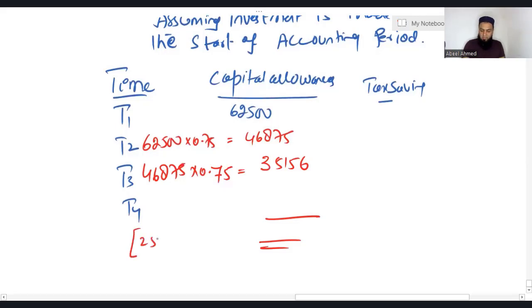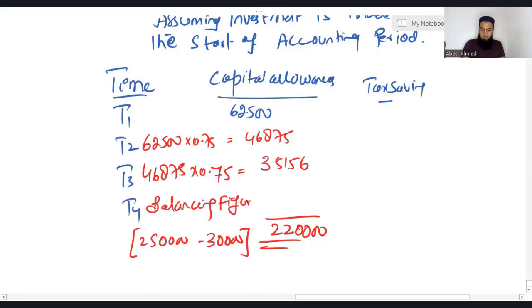Cost minus residual value is a depreciable cost, and according to IAS 16 Property, Plant and Equipment, depreciable cost must be depreciated within the useful life of the asset. So we have to take a balancing figure. How do we calculate the balancing figure? From 2,20,000, you need to deduct 62,500, 46,875 and 35,156.